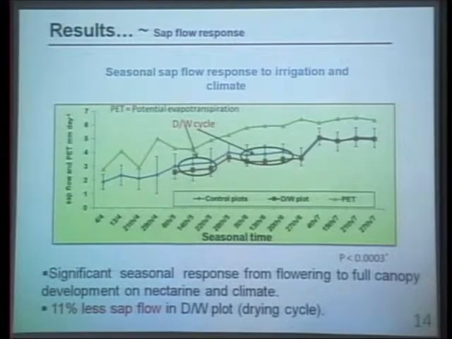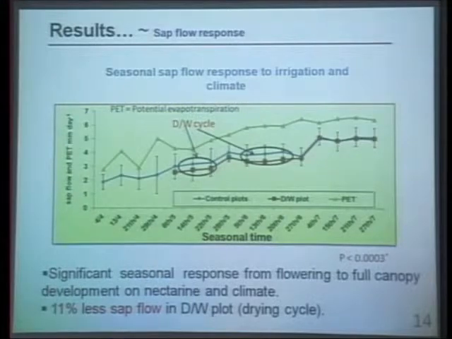And we found a different response in the sap flow in the drying and wetting plot, especially during the drying season. The sap flow decreased, and after re-irrigation it started to increase, and similarly in the second drying and wetting period.